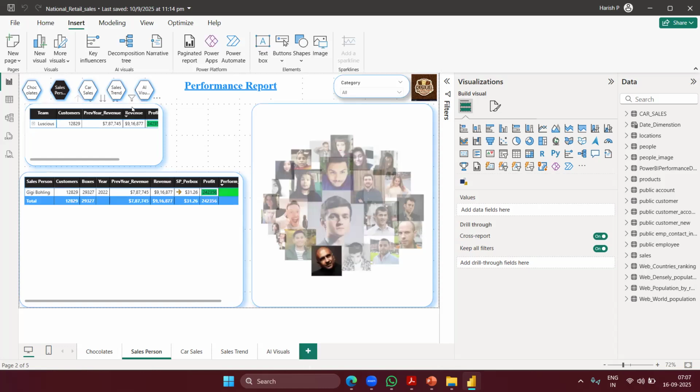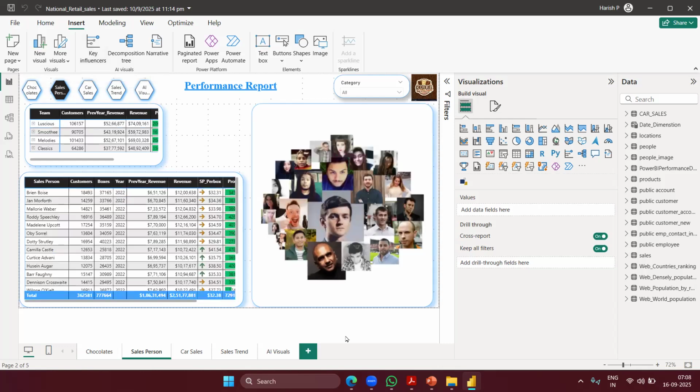When we say AI visuals, artificial intelligence visuals, many of us say, hey, is artificial intelligence going to risk our jobs? What I strongly believe is that if we are masters in the AI tools, then we are going to be paid more.